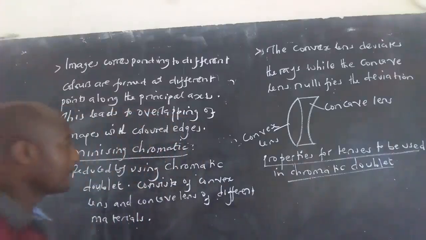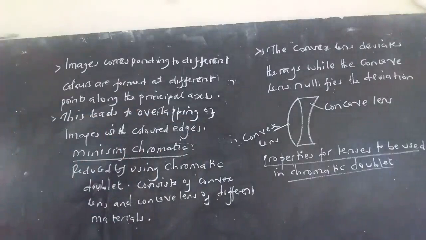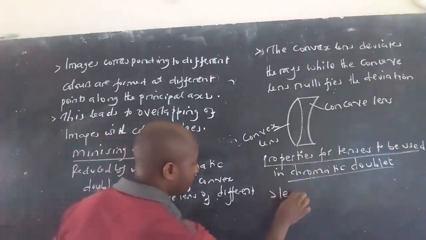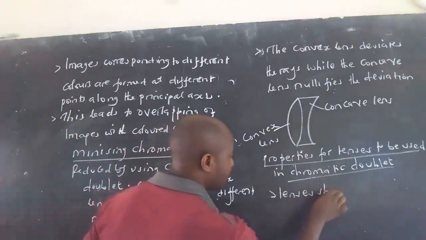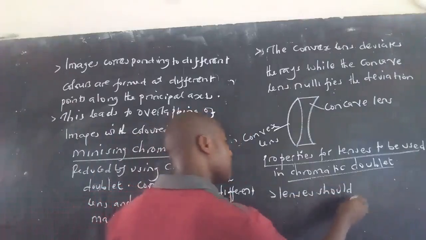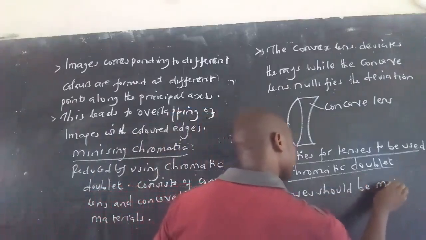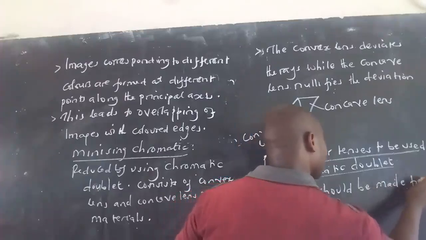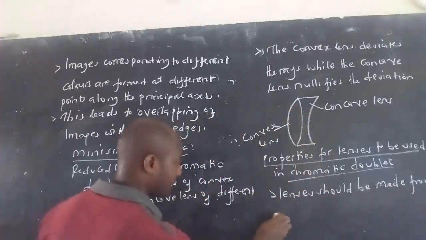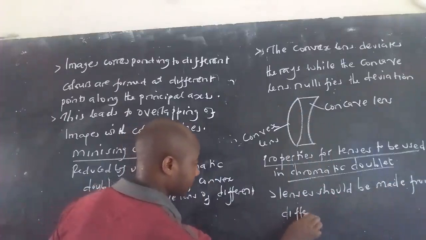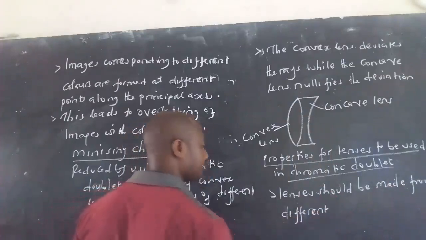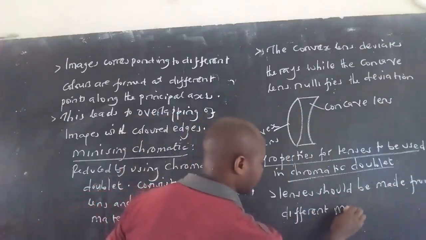Of course, we said there must be two lenses of different materials. So the first one is that the lenses should be made from different materials.